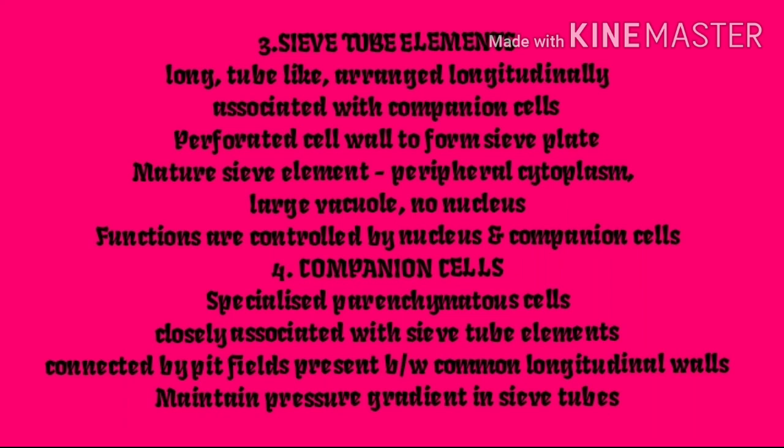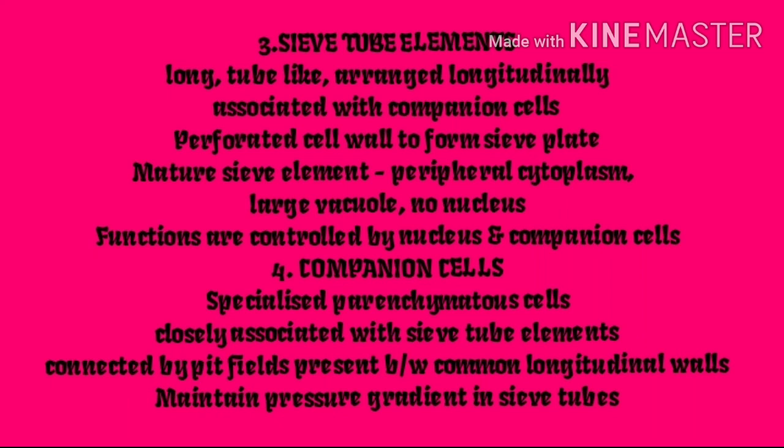The function of sieve tubes is controlled by the nucleus of companion cells. The first formed primary phloem consists of narrow sieve tubes and is referred to as protophloem, and the later formed phloem has bigger sieve tubes and is referred to as metaphloem.